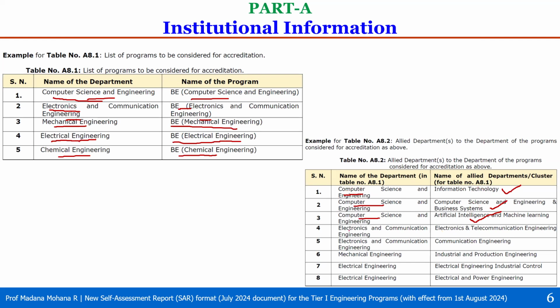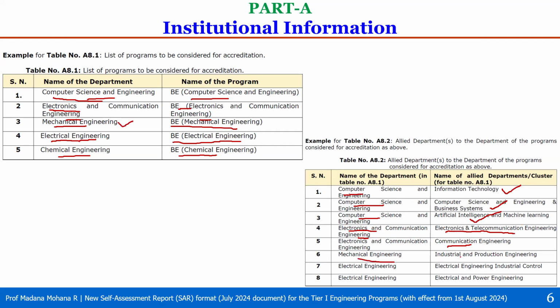Then coming to another example, electronics and communication engineering is the second department. The sample allied departments are electronics and telecommunication engineering, and communication engineering. These two are allied departments of electronics and communication engineering. Next, third example, mechanical engineering.